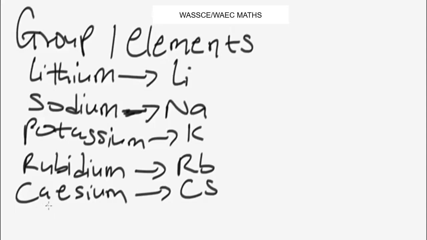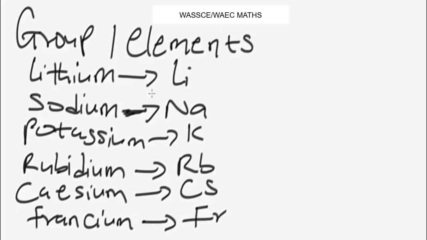And lastly, we have francium, the short form is Fr. Now these are the elements in group 1 of the periodic table.